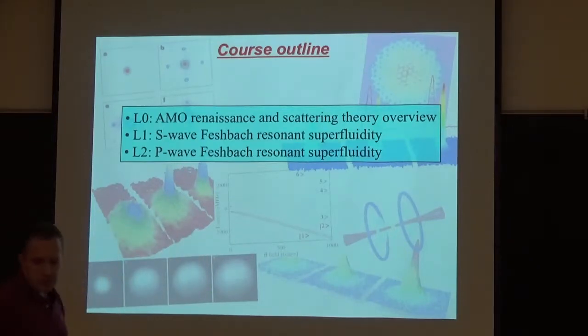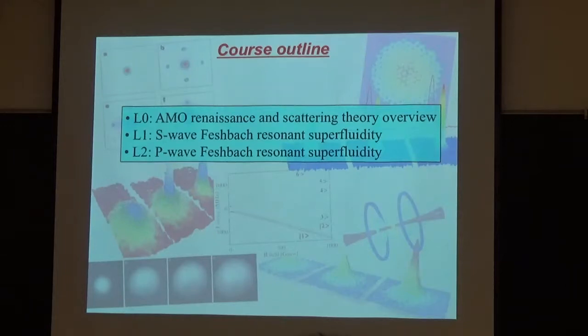So again, this is the outline of what I'm going to talk about, the course outline of the 2 lectures. I'll be giving 2 lectures, one today, one tomorrow. They roughly break up into 2 topics: S-wave Feshbach resonance superfluidity and P-wave Feshbach resonance superfluidity.